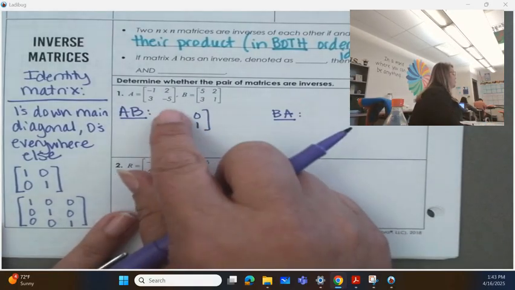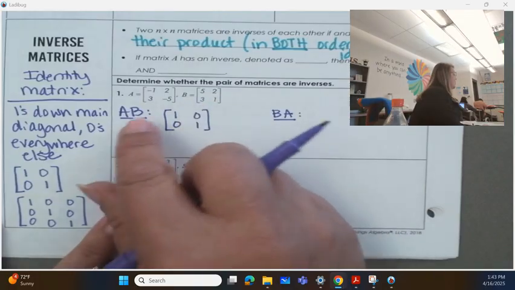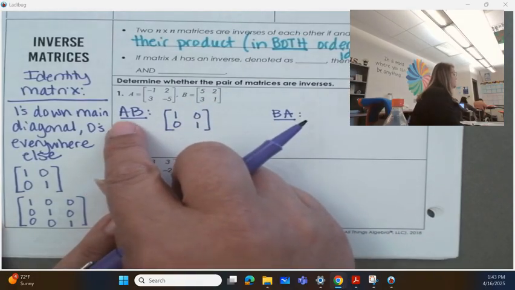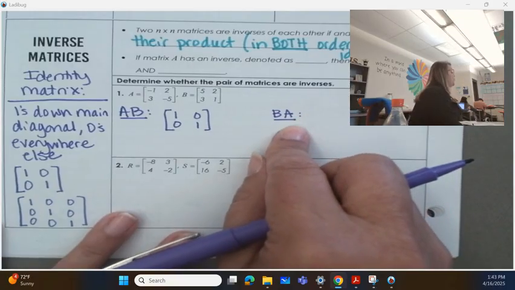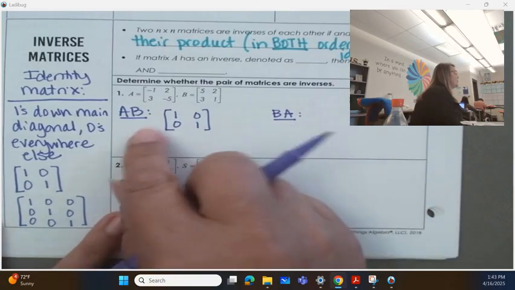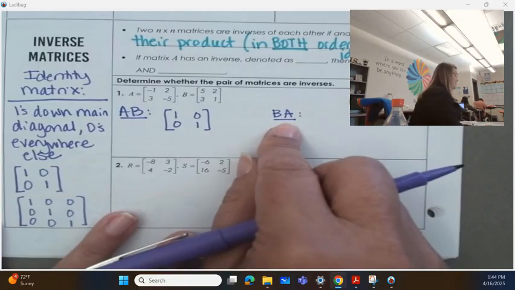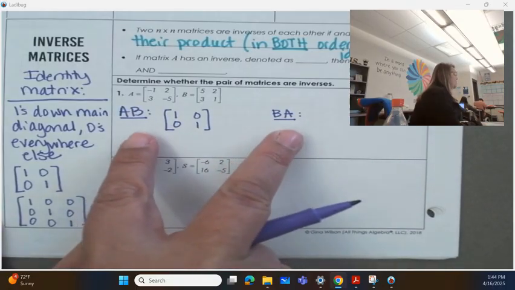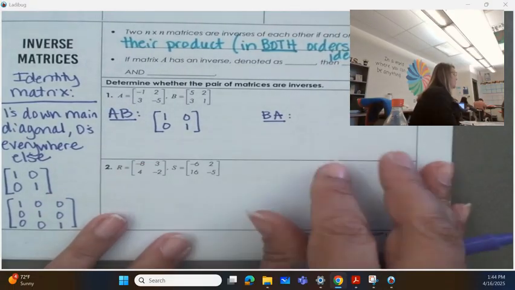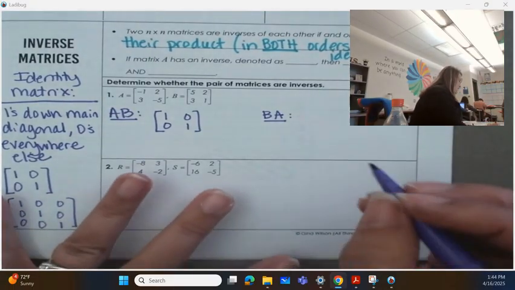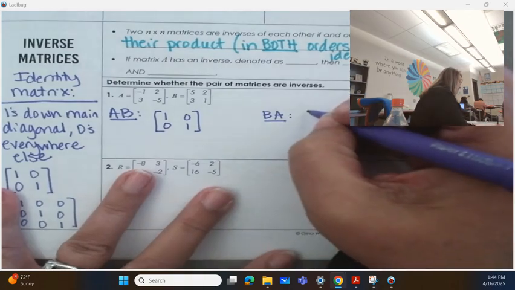Okay, and if you enter them into the calculator or Desmos, you need to multiply A times B, and then you need to swap it and multiply B times A. Remember in section 8.4, we learned that these are not normally commutative. They're only going to be commutative if it's the identity, if they're inverses of each other. So B times A, let's do that way.